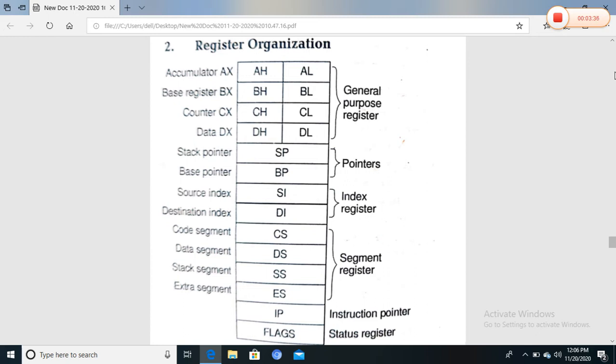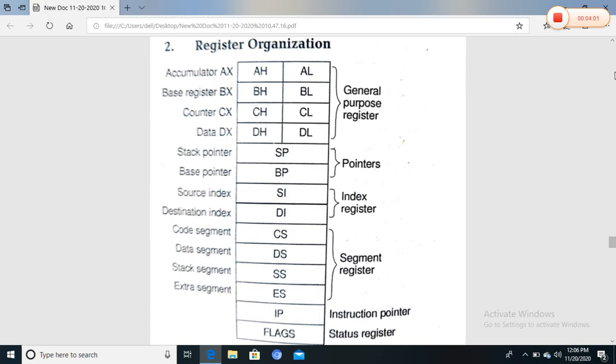That CX register is 16-bit, CH is 8 and CL is 8. So the CX register from CH and CL is referred to as the counter register, a 16-bit register. When DH and DL, each an 8-bit register, are combined, they are referred to as the DX register, the data register, which is a 16-bit register.